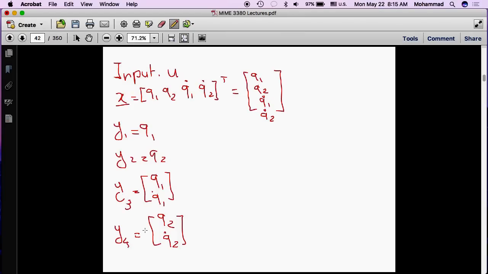This is y4. And you could also say, I really need to know all of these. In order for my design to work or for my optimization to work, for whatever reason you have to model the system, you need to know all of them. In that case, you're saying my y is essentially equal to x. So y is going to be a 4-dimensional vector, and it's going to be equal to x.